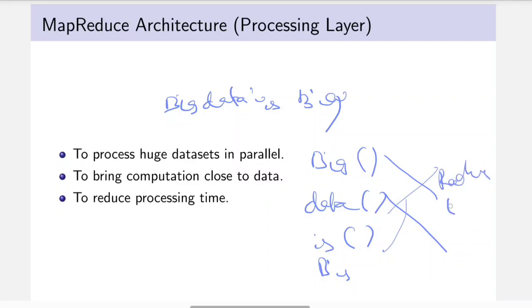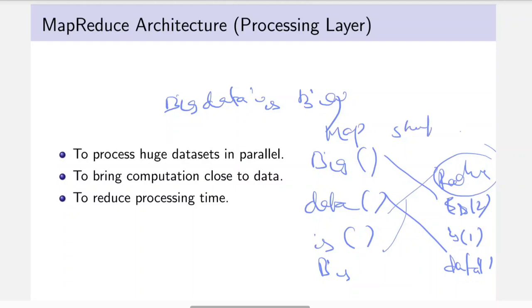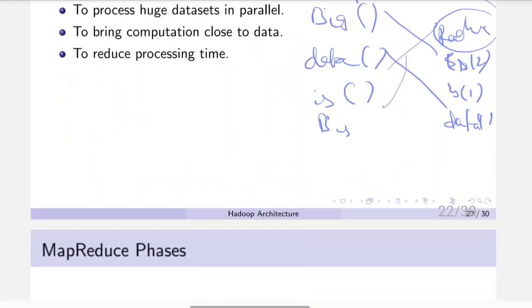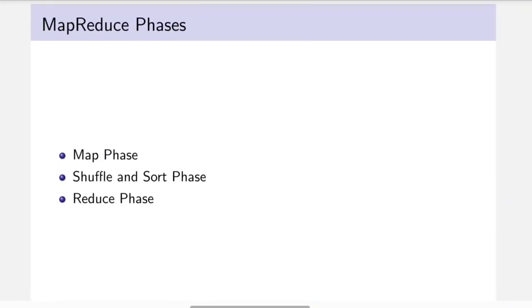In the reduce it will say big came 2 times, is came 1 time, and data came 1 time. That is what happens in reduce. It is the map phase, the reduce phase, and internally the shuffle. Now MapReduce has 3 phases: map phase, shuffle and sort phase, and the last one is the reduce phase.